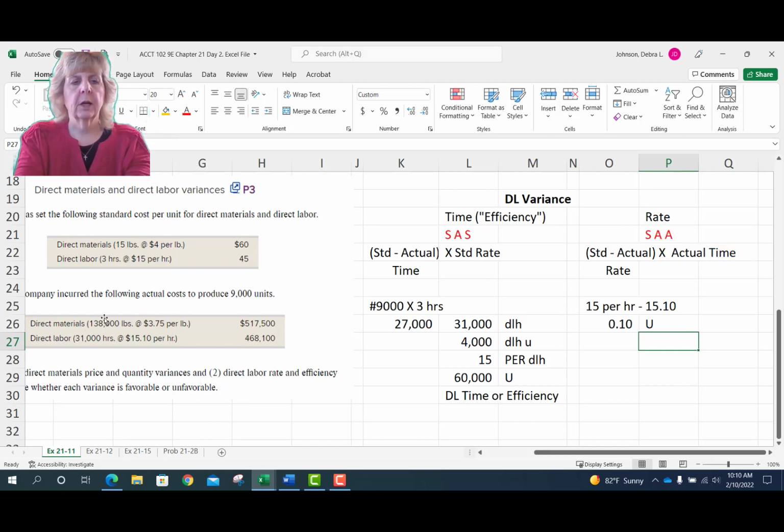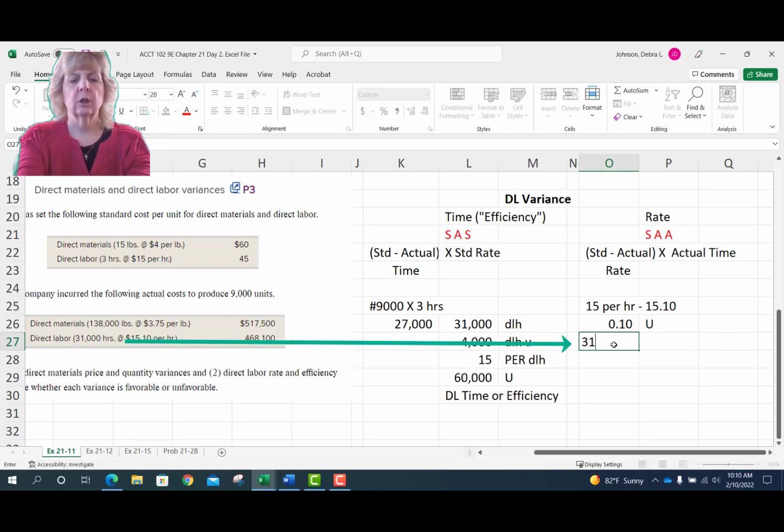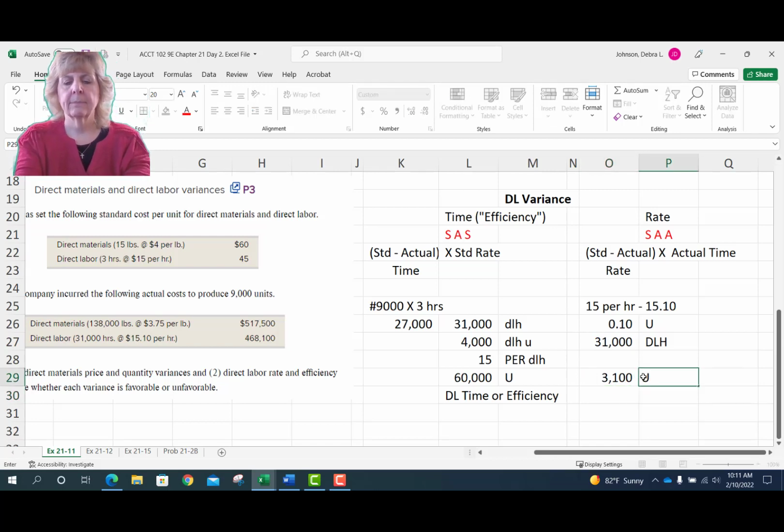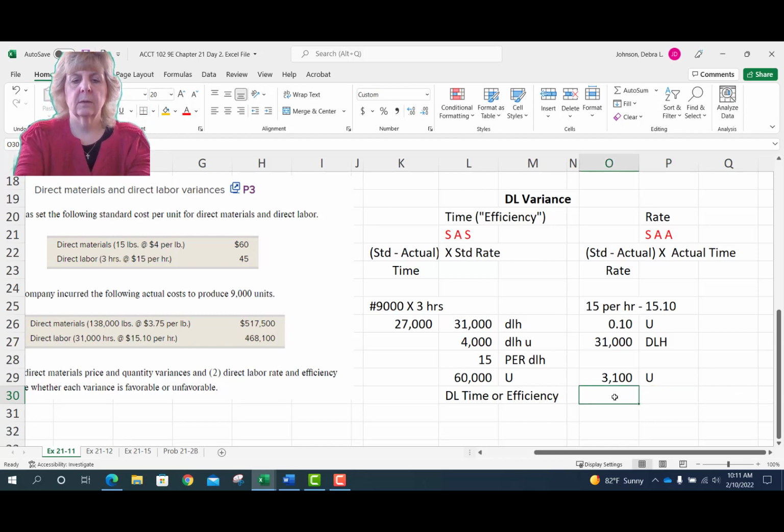The actual time, based on the information your author provided, is 31,000 direct labor hours. And so when we calculate that out, 10 cents per hour times 31,000 direct labor hours gives us a $3,100 unfavorable rate variance.